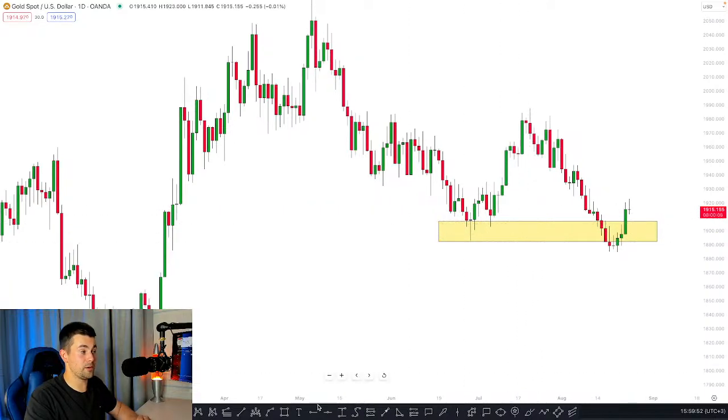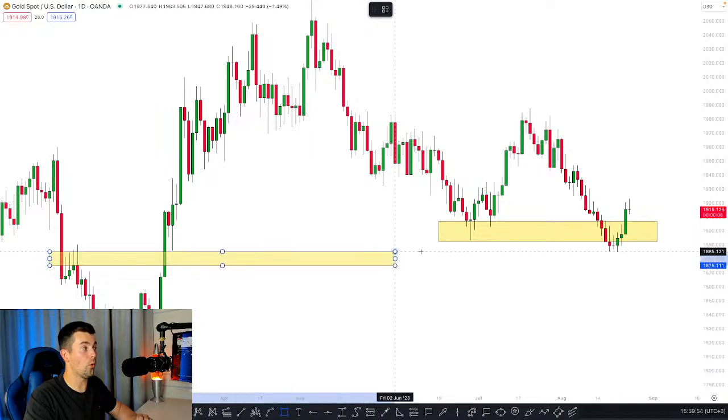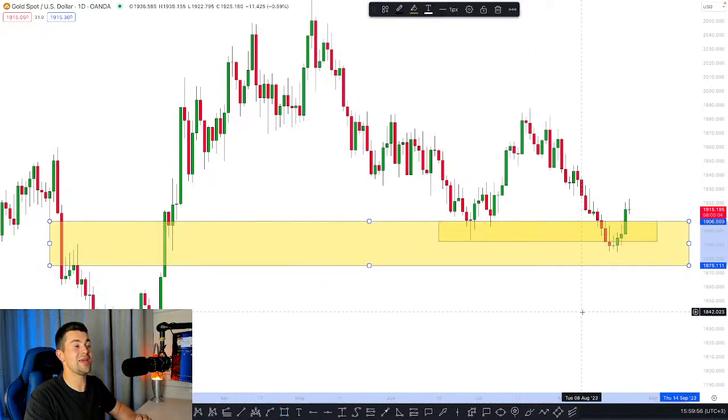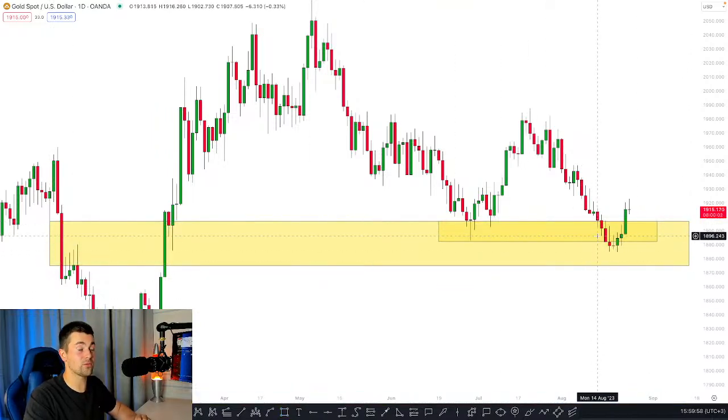That support right here was part of a major demand cluster. Yes, and from that demand cluster, we were looking for bullish movement and a bullish confirmation.